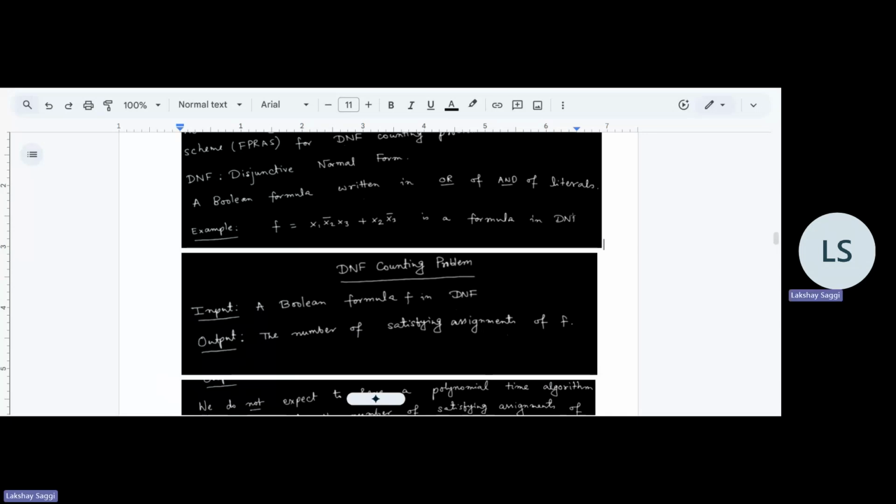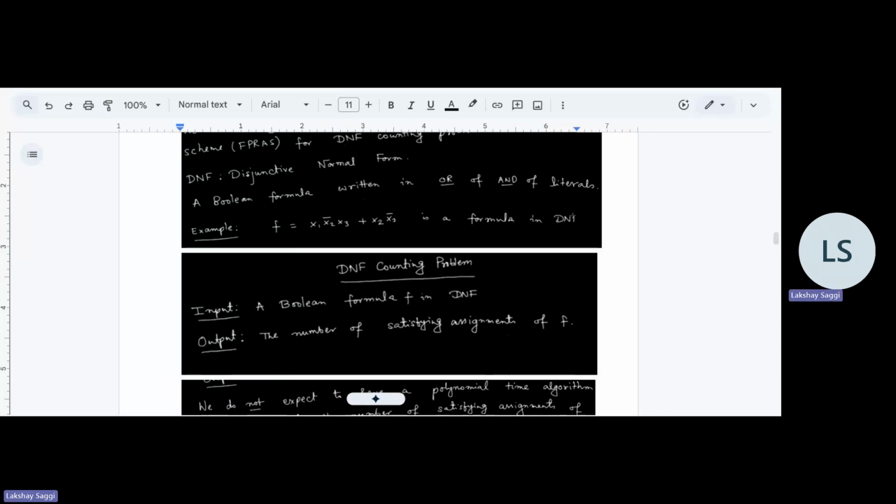What's a satisfying assignment? A satisfying assignment for a formula is an assignment of the variables, for example here x1, x2, and x3, such that the formula evaluates to true. So how many assignments are there for which the given Boolean formula f evaluates to true? That's the number which we want to output.